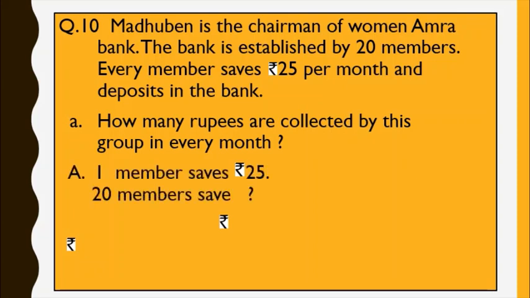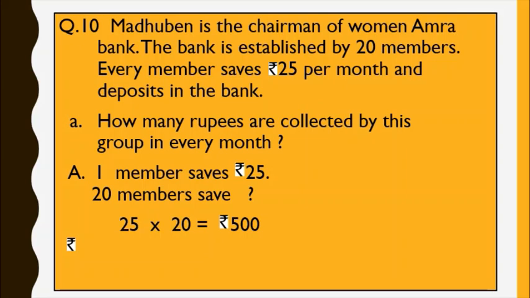Now as it is given in the question that one member saves rupees 25. So how many members are there in the bank? There are 20 members in the bank. So 20 members will save how many rupees? So here we'll use cross multiply and divide.